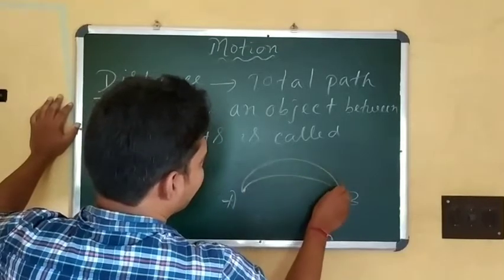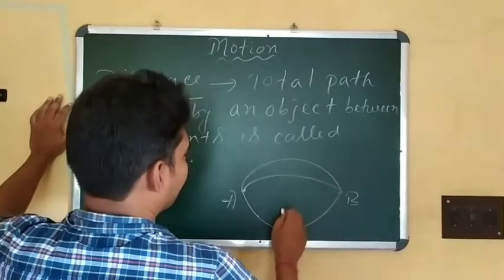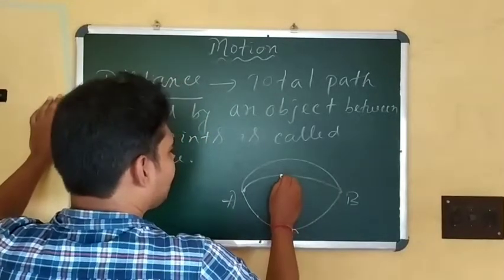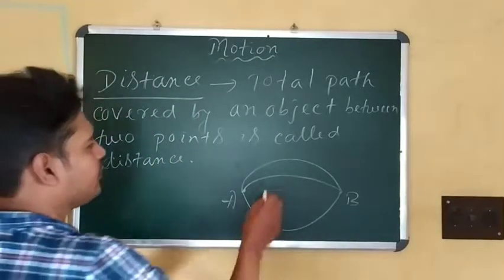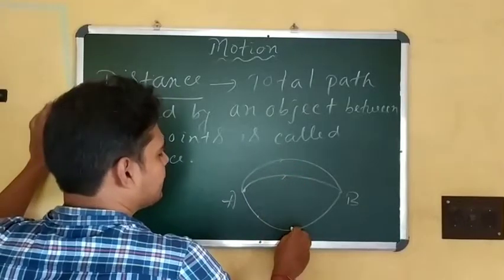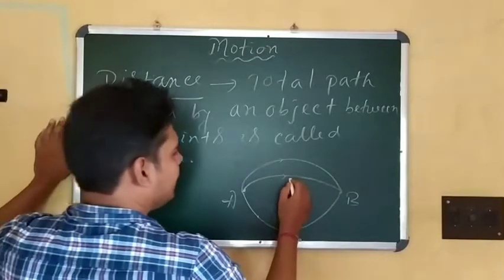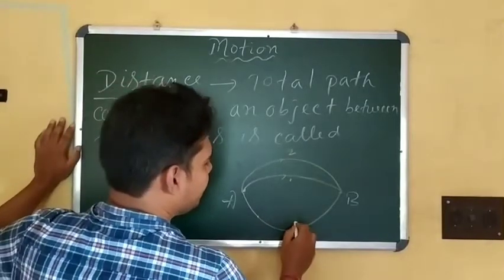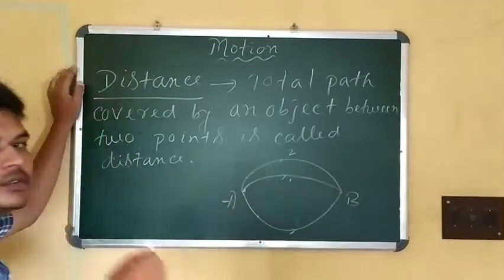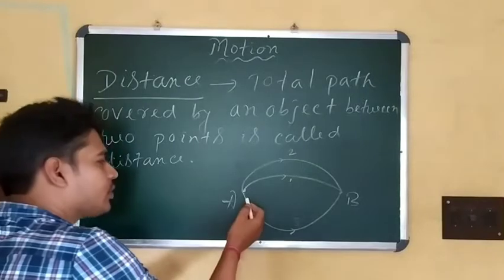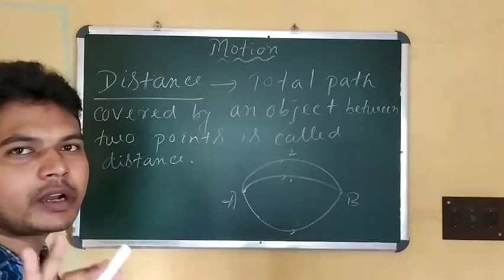In this way also you can move, and in this way also you can go from A to B. So all are the distance, all the paths traveled by you from point A to B, and you can see that in each case it will be different. So in actual, the total path which you travel when you come from point A to B is the distance covered by you.